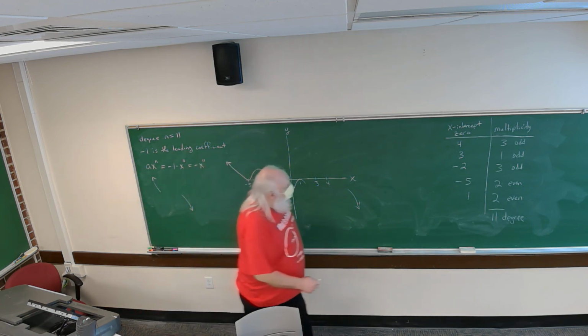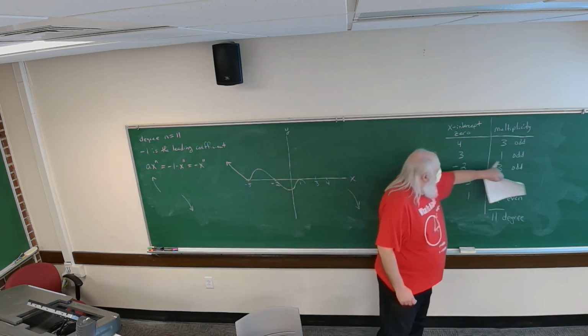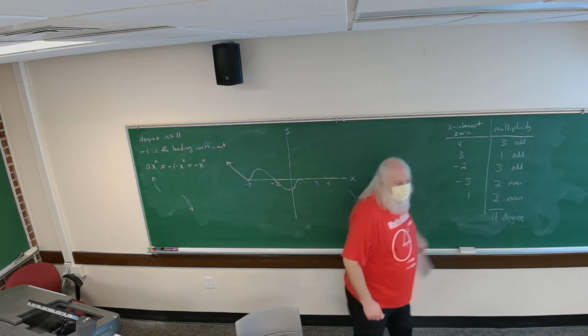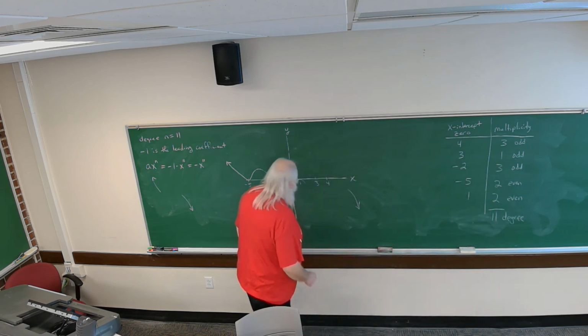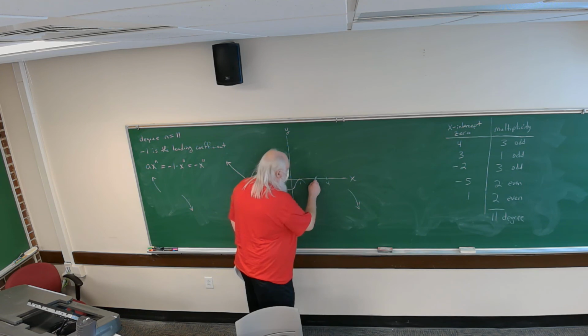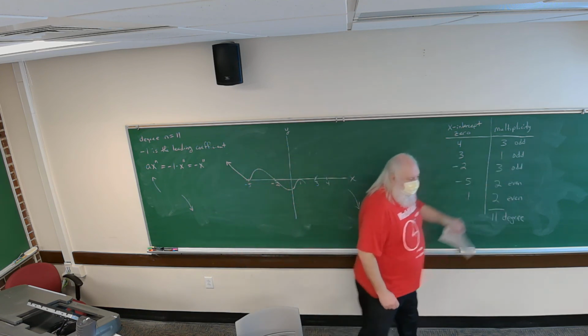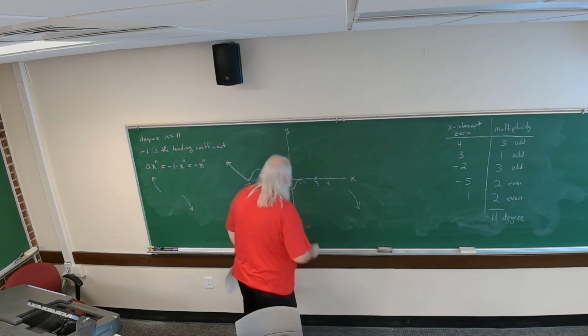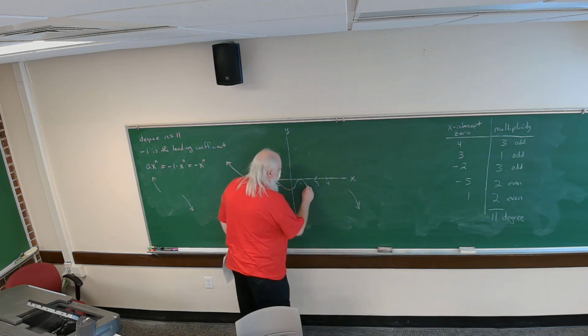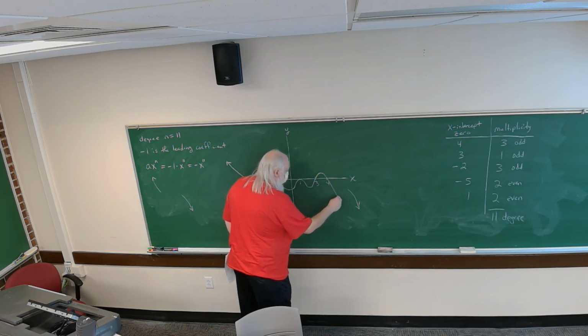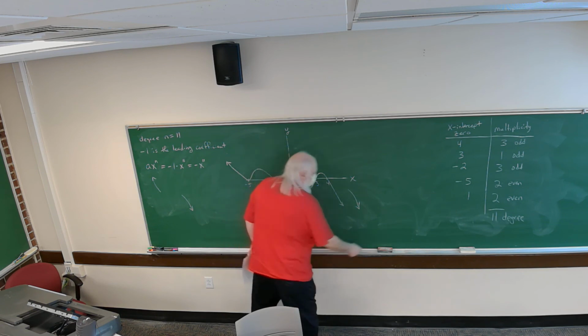What about at x equals 3? Multiplicity is odd, so the graph is going to cross. And then at x equals 4, the multiplicity is odd, the graph is going to cross again, right? So it's got to come down, turn, cross at x equals 3, turn, cross at x equals 4, and then go down forever.